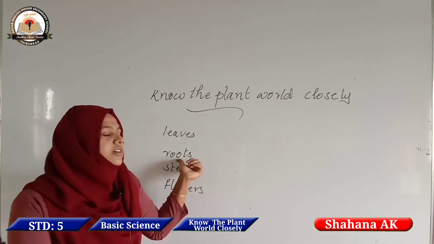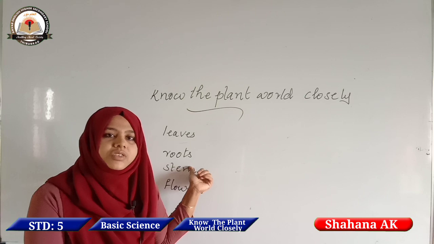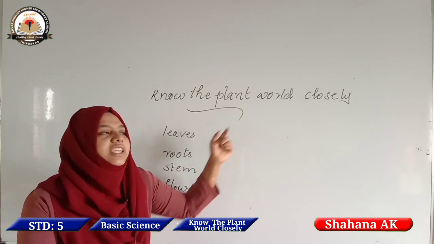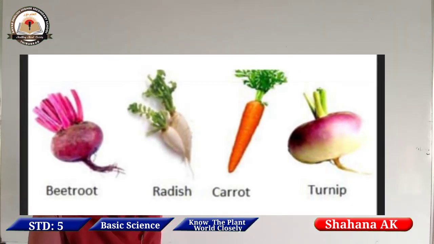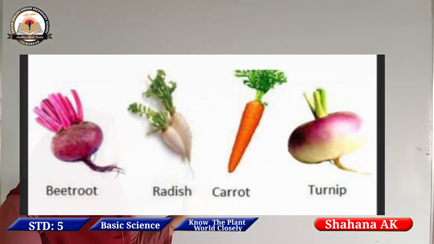Then in some other plants we are using the roots as our food materials. Here are the examples: beetroot, radish, turnip and carrot. Then one more is tapioca. Tapioca means kappa. In these plants we are using the roots as food materials.